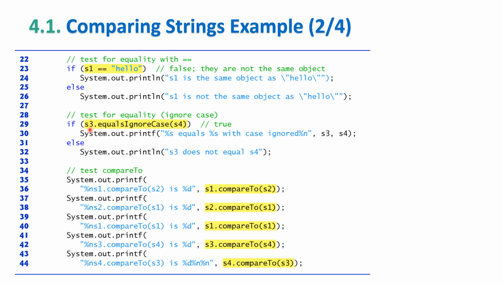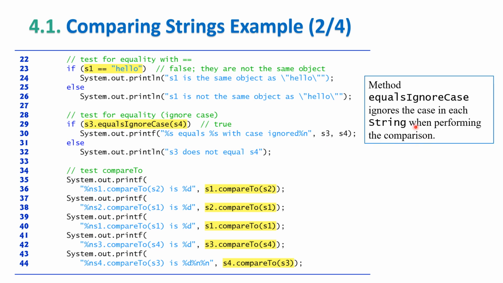Next, the program calls the method equalsIgnoreCase on the string object s3, passing the string object s4 as the argument. This method call compares strings s3 and s4 for equality with case ignored. In general, the string method equalsIgnoreCase ignores the case in its strings when it performs the comparison.